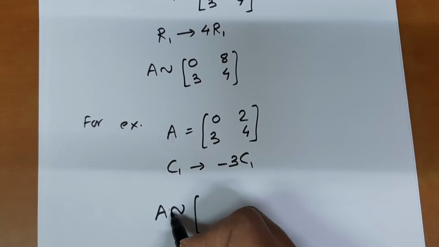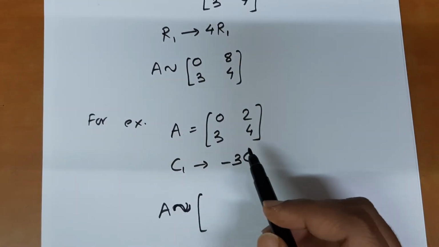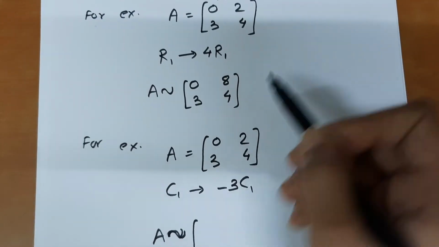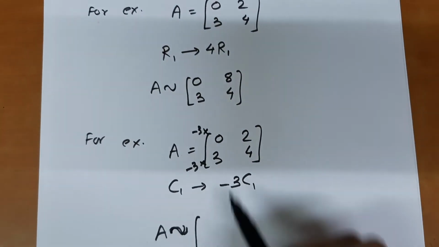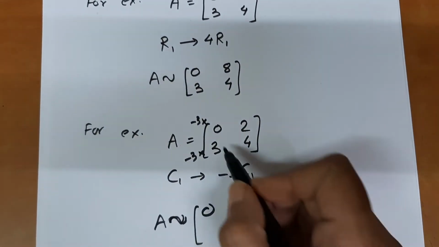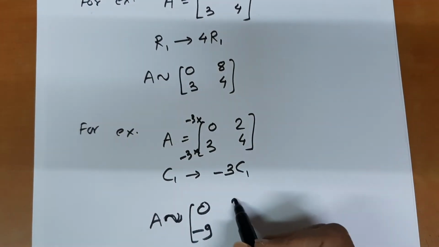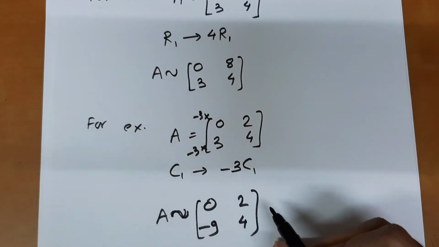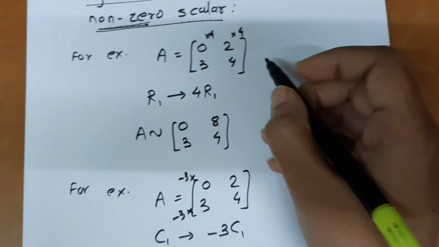So 0 into minus 3 is 0 and 3 into minus 3 is minus 9, and the second column remains as it is. Don't change the second column. Whenever there is an operation on R1, only change the first row.